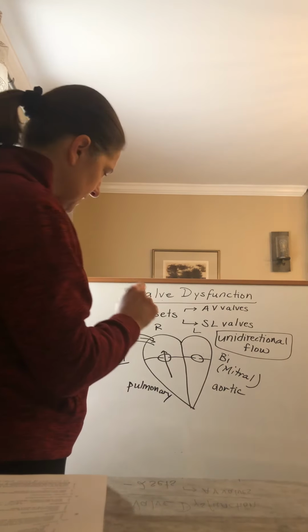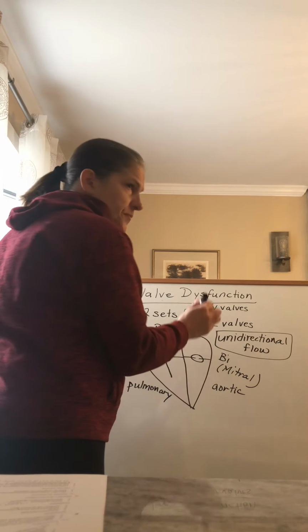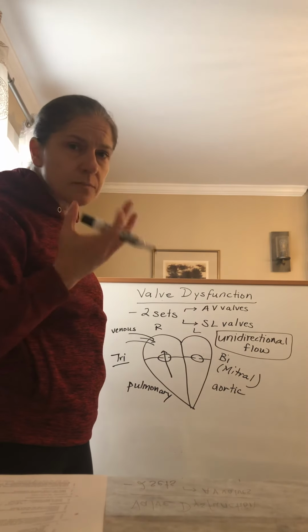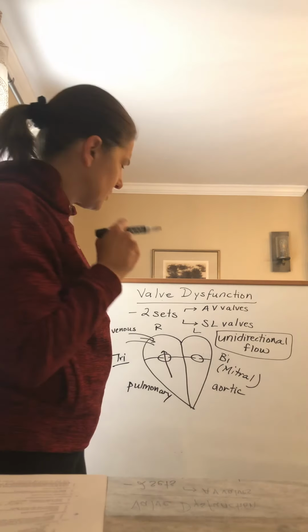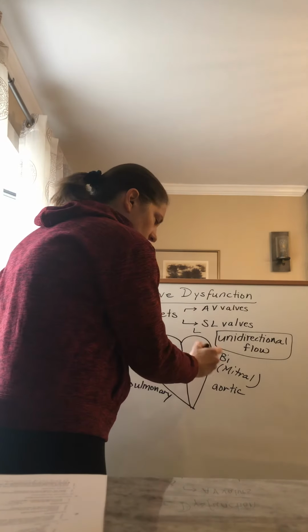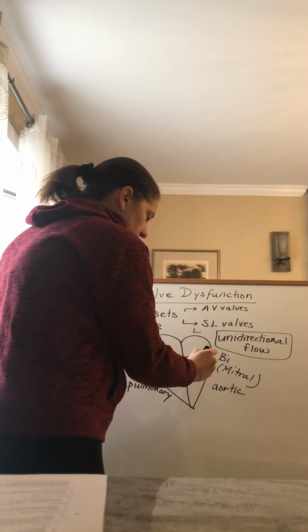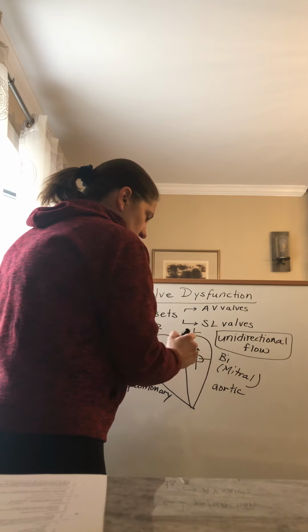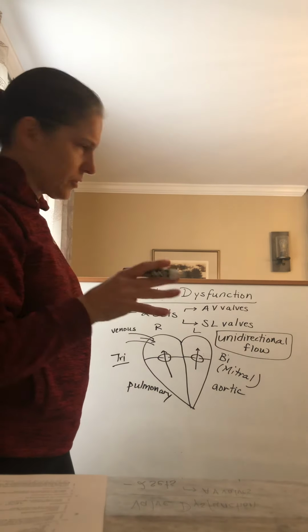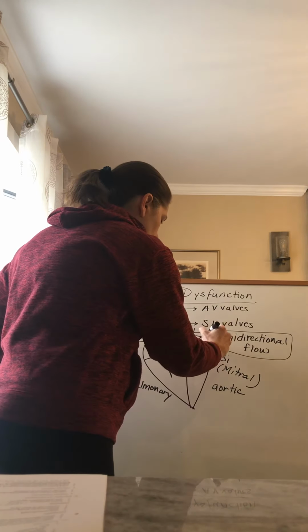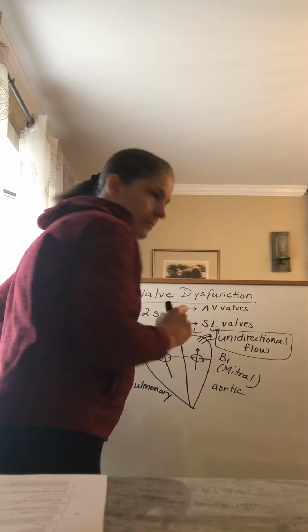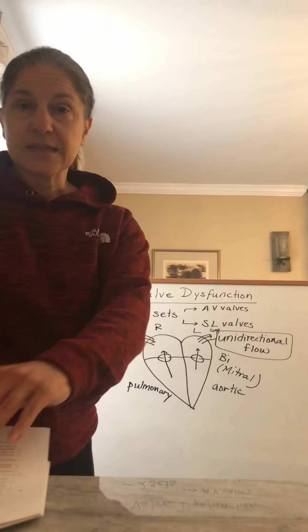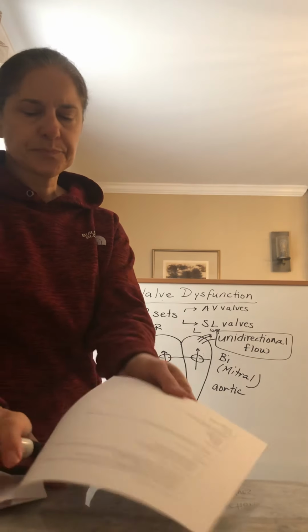On the left-hand side, let's say it was this valve that was deteriorated. And you can have deterioration of the valve simply with age, but if the left valve, the mitral valve, was deteriorated, then you could have valvular regurgitation into the left atrium. And then again, remember, blood coming in from the left side is coming from the lung, so you could have fluid backing up into the lung and then have pulmonary edema.